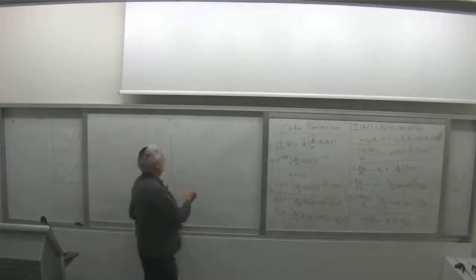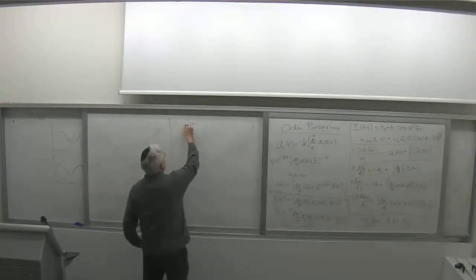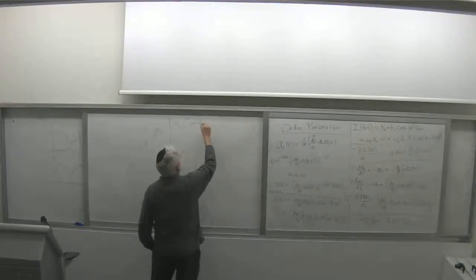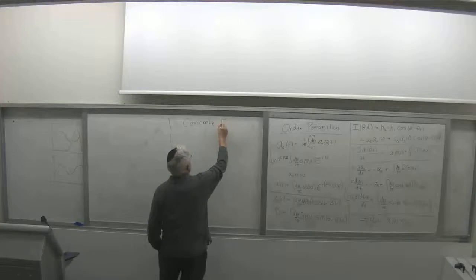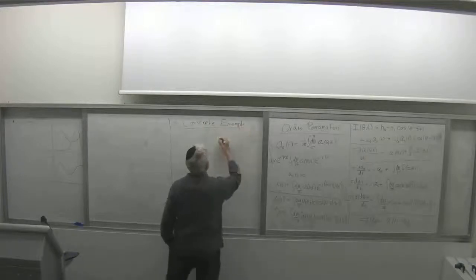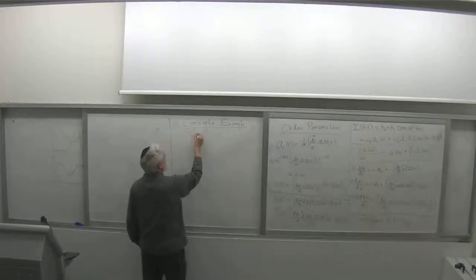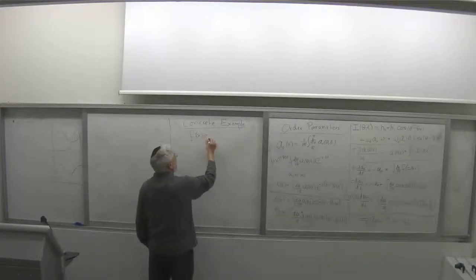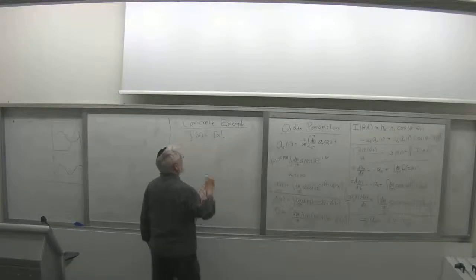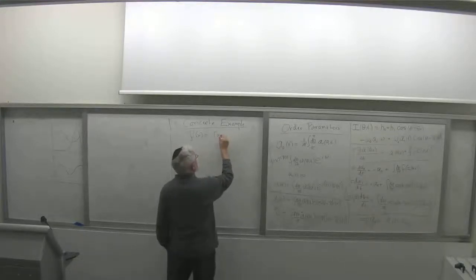Okay, so now concrete examples. First of all, I'm going to assume f of x to be threshold linear. We also write it as x minus some threshold t, with a plus.